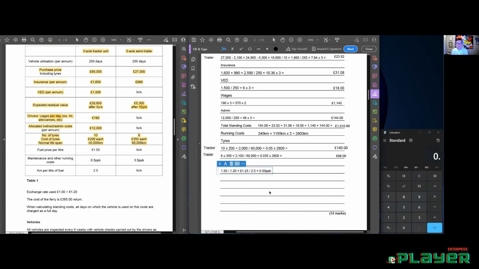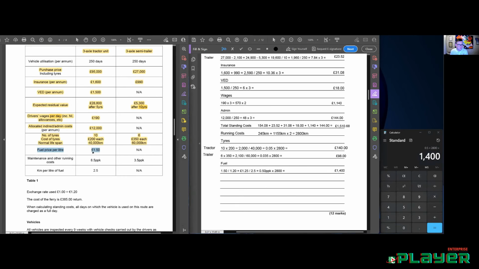So what I need to do with that fuel cost is times it up by the amount of kilometres in my journey, which I said was 2800. So 0.50 times 2800, £1,400. 1,400 pounds.